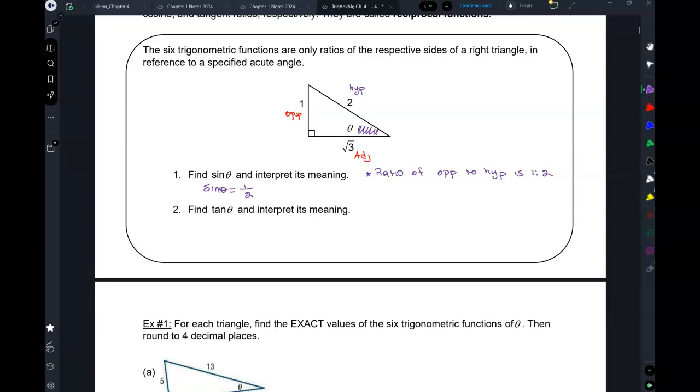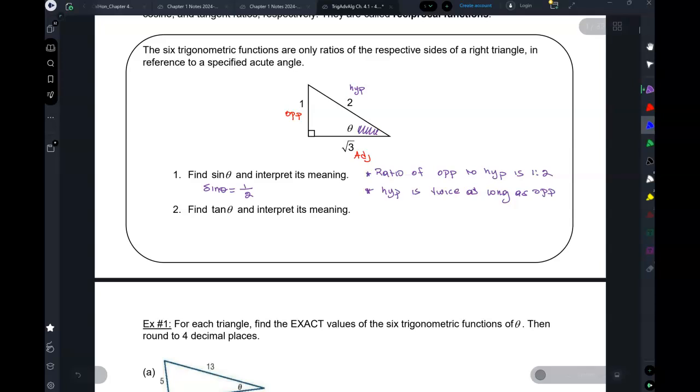What does it mean about the sizes? So for example, if this side, the opposite, was 5, how big would the hypotenuse be? 10. So the hypotenuse is always twice as big as the opposite side, right? So hypotenuse is twice as long as the opposite.